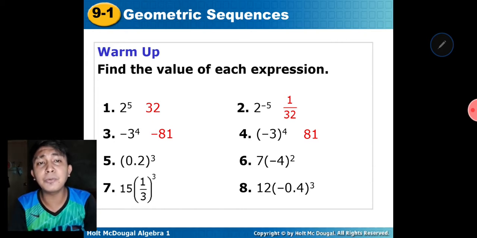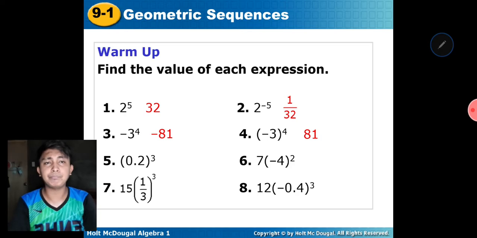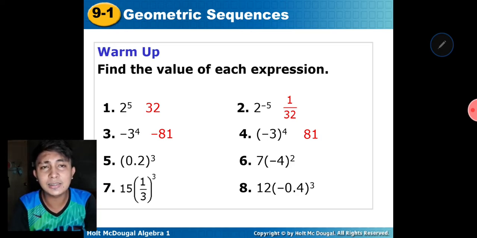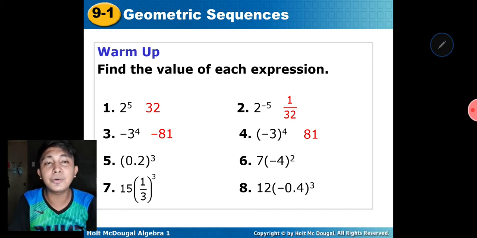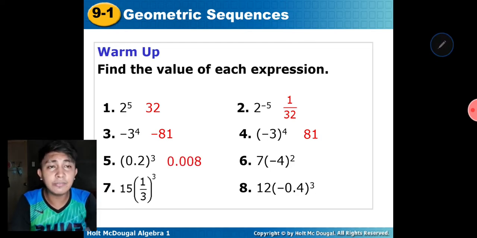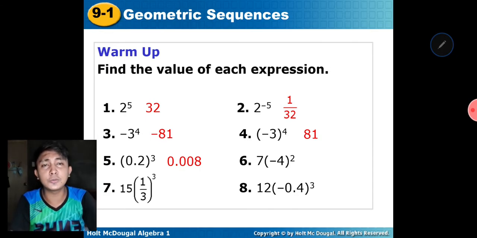So 0.2 raised to 3, or 0.2 cubed, is 0.2 times 0.2, which is 0.04, times 0.2 is 0.008. Okay? Okay, 7 times negative 4 raised to 2.